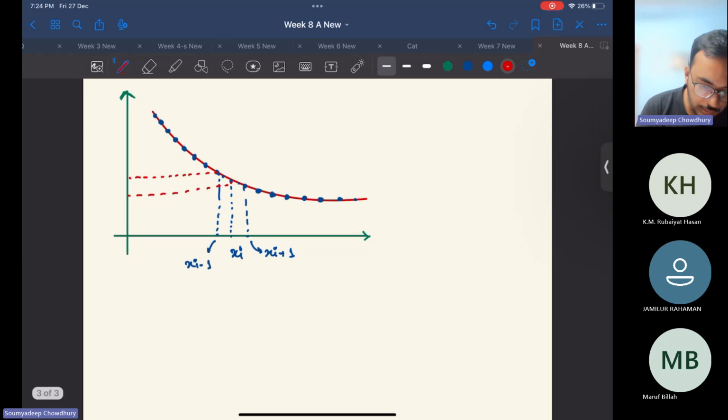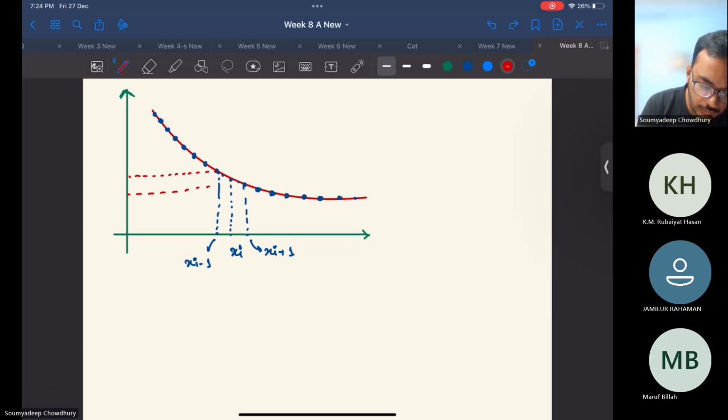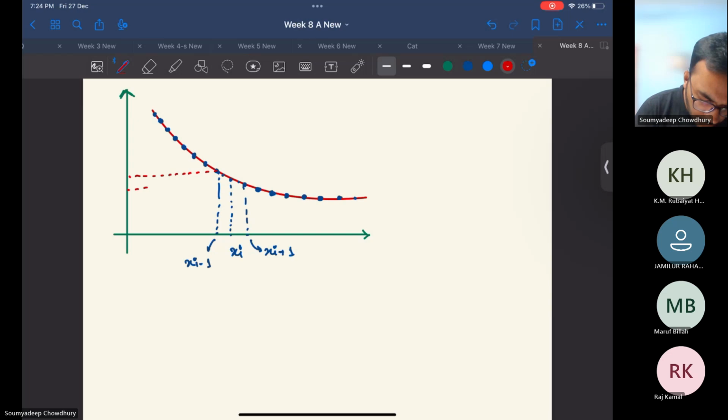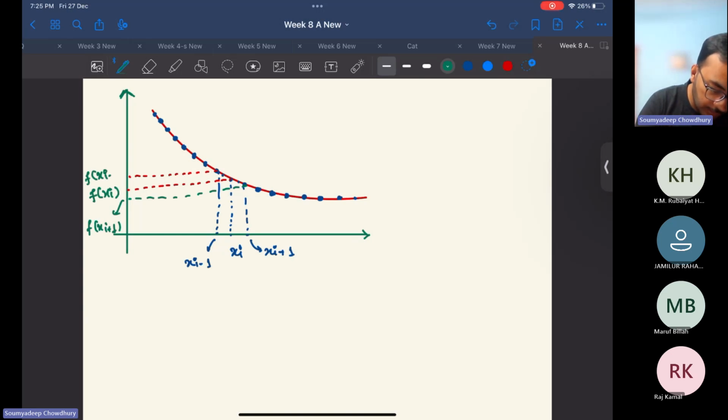Then we find out what the functional values are at those points. So this is my f of xi plus 1, the top one is f of xi, and this one is f of xi minus 1. Once we have this, using the Taylor series approximation we can find out these values and then we can find the derivative of this function.